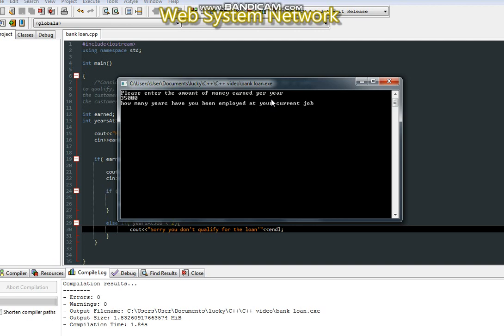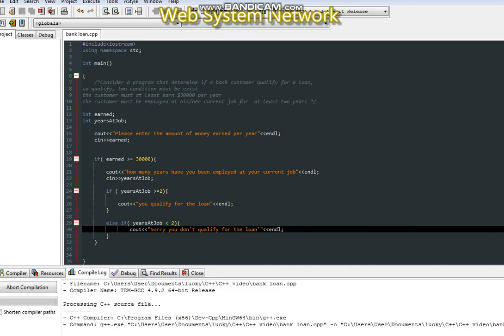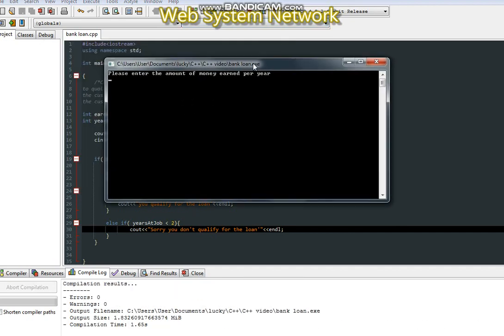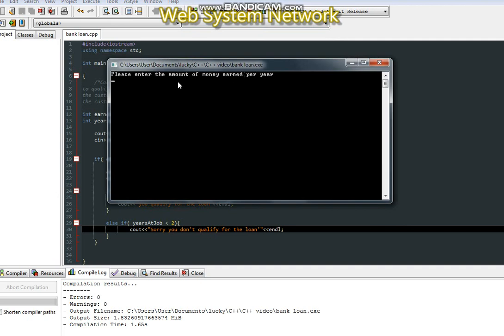We enter 3, for example. So you qualify for the loan. Yes, we are qualified because the condition is true. But what if the amount of money we make is 29,000 per year? Well, it doesn't do anything.